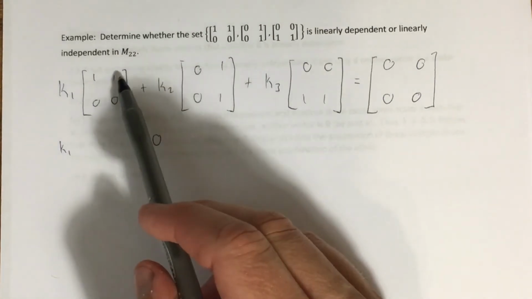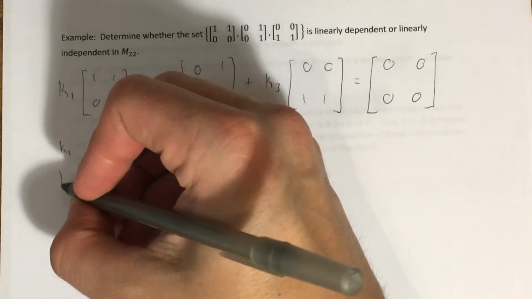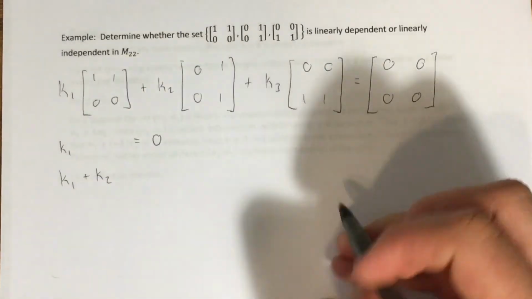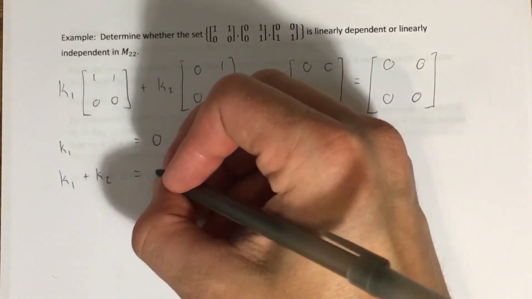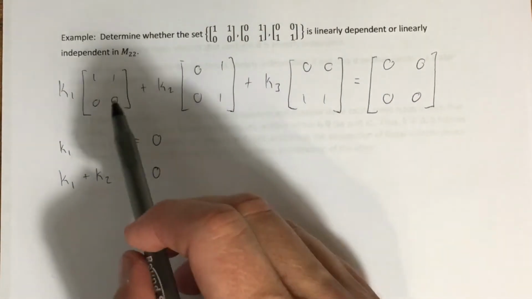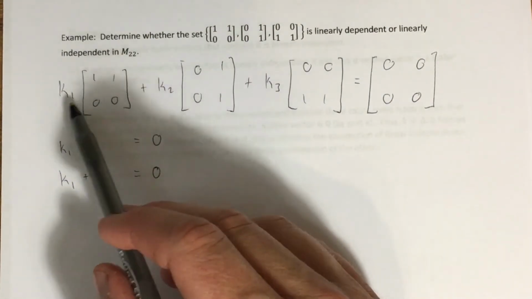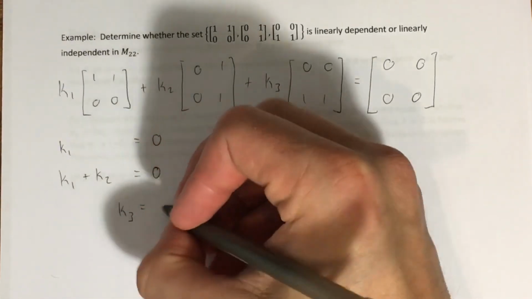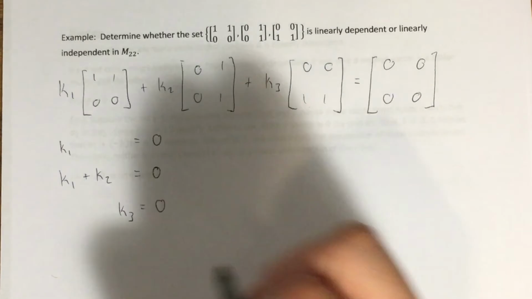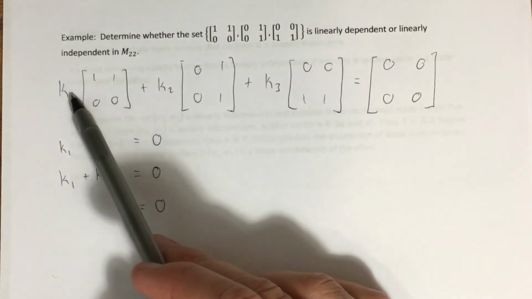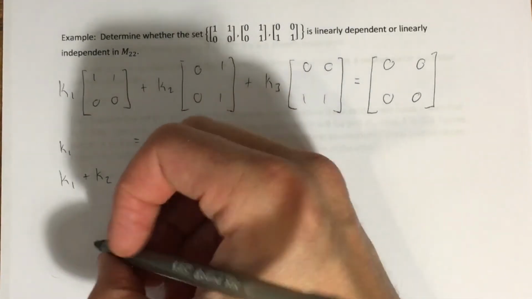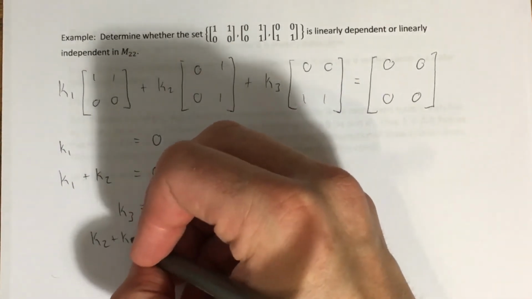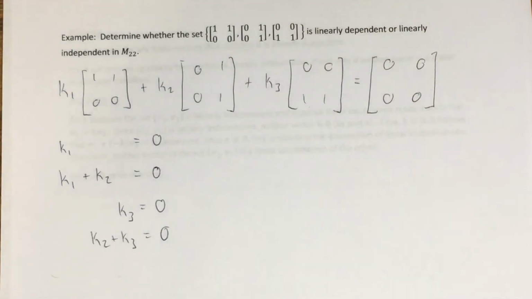Now my 1,2 entry is going to look like k1 plus k2 plus a 0, so that's going to be 0. Then my 2,1 entry, 0, 0, k3. So I have k3 equals 0. And then my fourth equation, I'm going to have 0 plus k2 plus k3 equals 0.